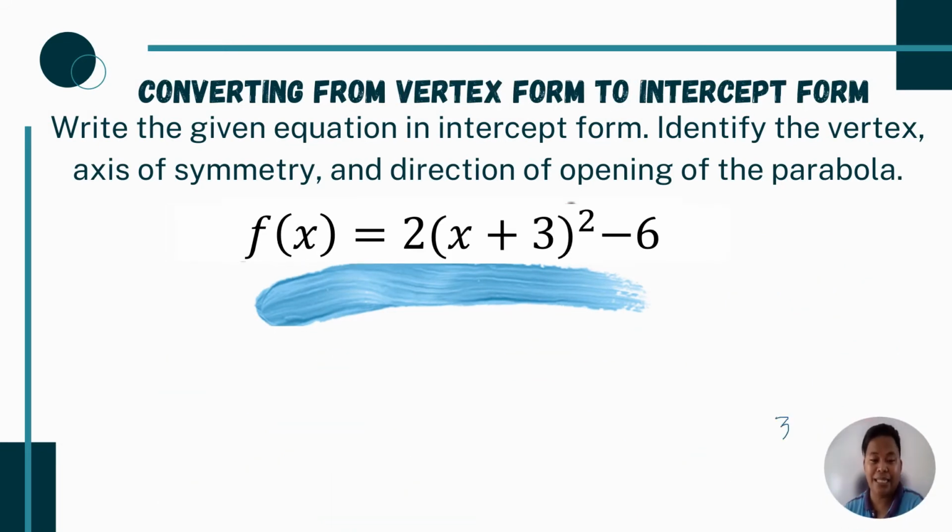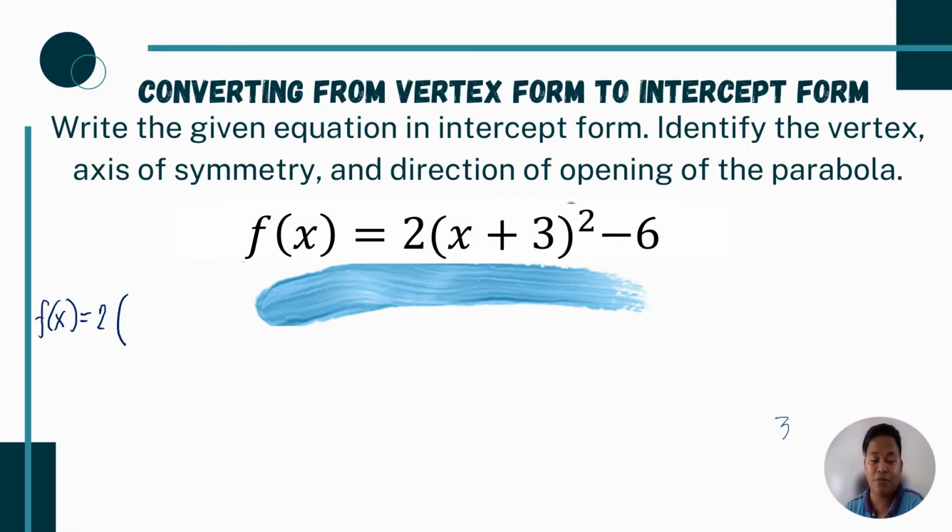We're going to write this quadratic function f of x is equal to 2 times the quantity x plus 3 squared minus 6 po. But before we write it in intercept form, we're going to have it in general form. Then f of x is equal to 2, and then we're going to square this binomial x plus 3.